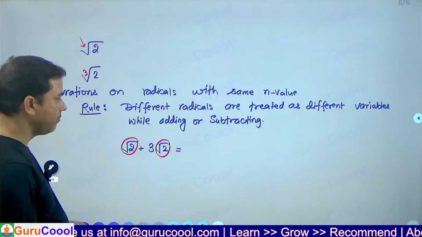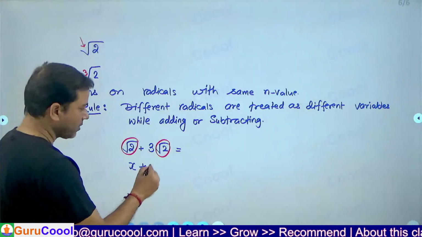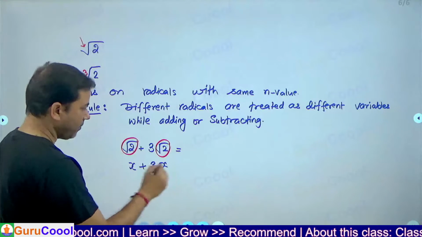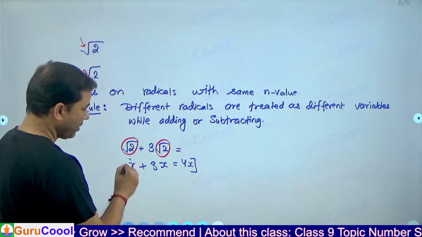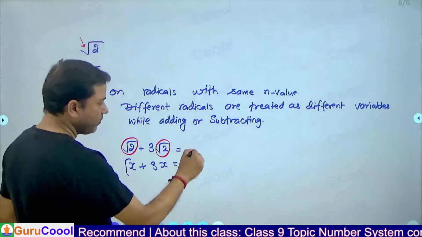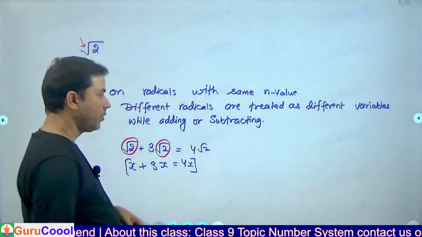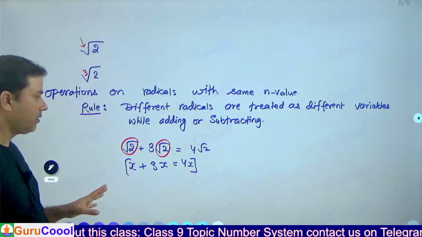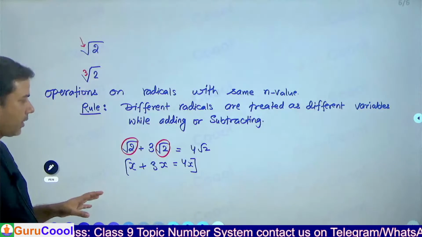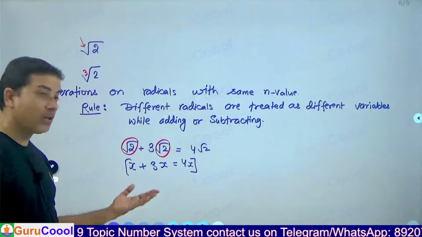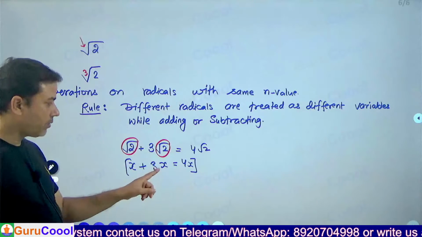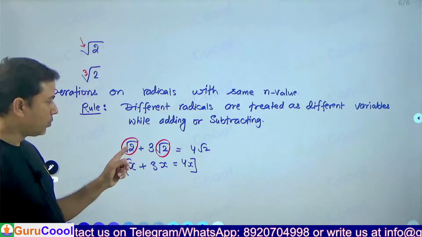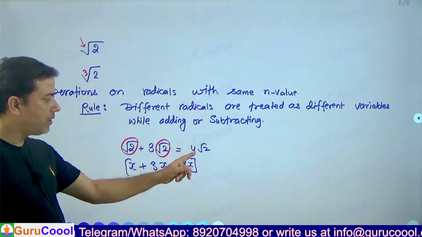We can add them like x plus 3x. Just like them. x plus 3x, we write 4x. Similarly, root 2 plus 3 root 2 will make 4 root 2. Same as a variable, no different treatment. If it is a minus sign, we'll treat it in a similar manner. Like x minus 3x will be minus 2x. So root 2 minus 3 root 2 will be minus 2 root 2.